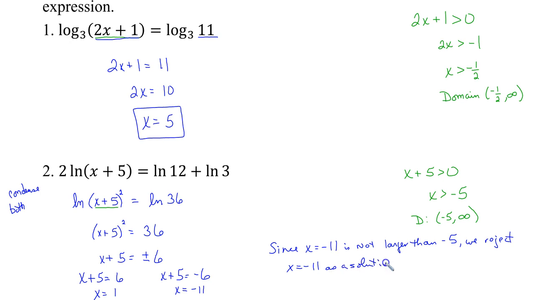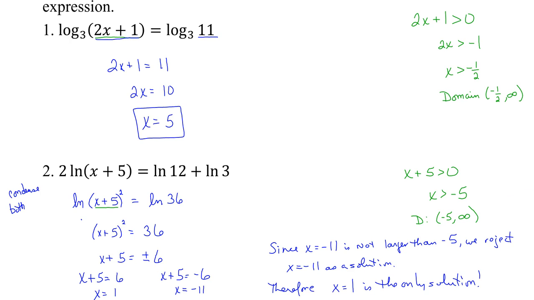So it is not a solution. Therefore, x is equal to positive 1 is the only solution for this equation. And that's how we use the domain to check our solutions.